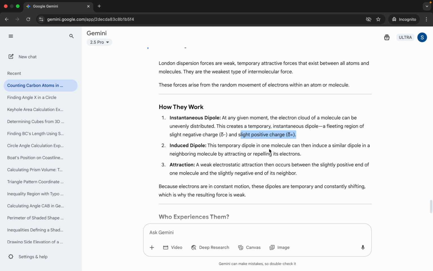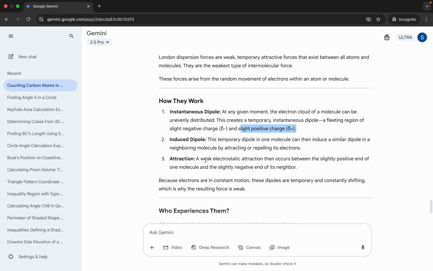The temporary dipole in one molecule can then induce a similar dipole in a neighboring molecule by attracting or repelling its electrons. Next is attraction. A weak electrostatic attraction then occurs between the slightly positive end of one molecule and the slightly negative end of its neighbor.